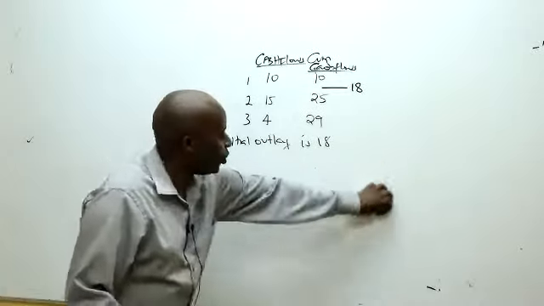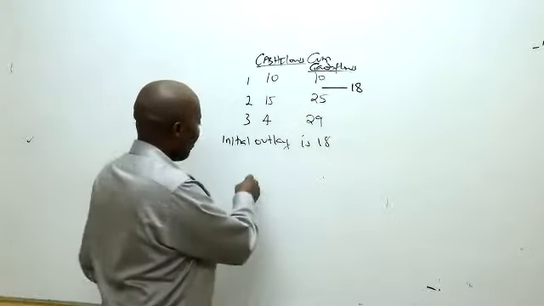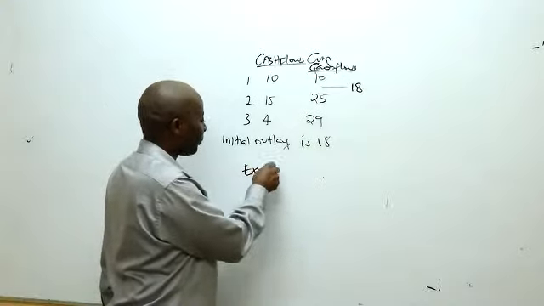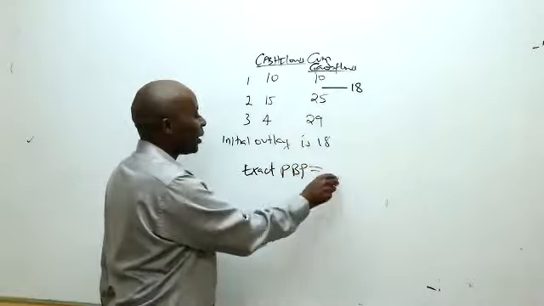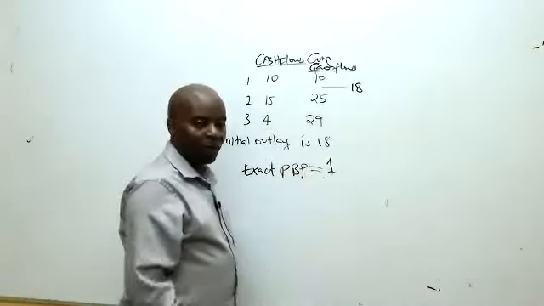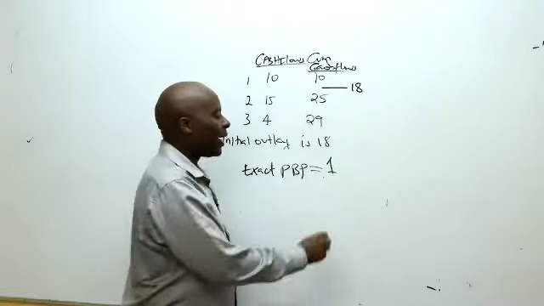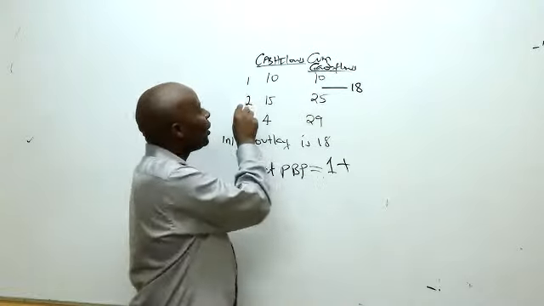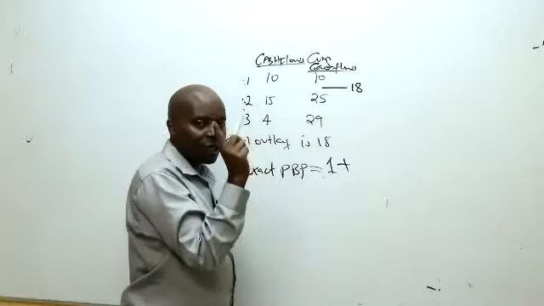What I need to do is to say here, my exact payback period equals, we've said it's in between 1 and 2, so I start with the lower period, which is 1, plus, ladies and gentlemen, between these two we have exactly 1 year.